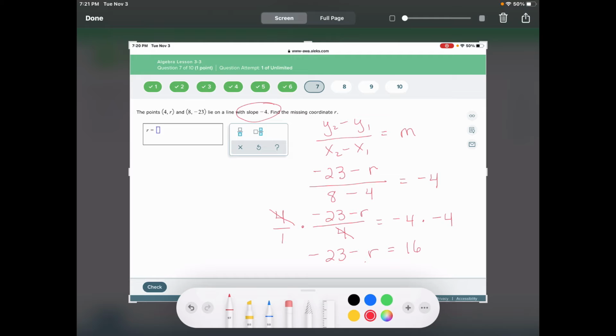Okay, so we're not quite done here. Add 23. And we get negative r equals 39, watch out, right. And we don't want negative r, so we can divide by -1, however you like to think about that, or you can just think about we get to switch it, positive r and -39.